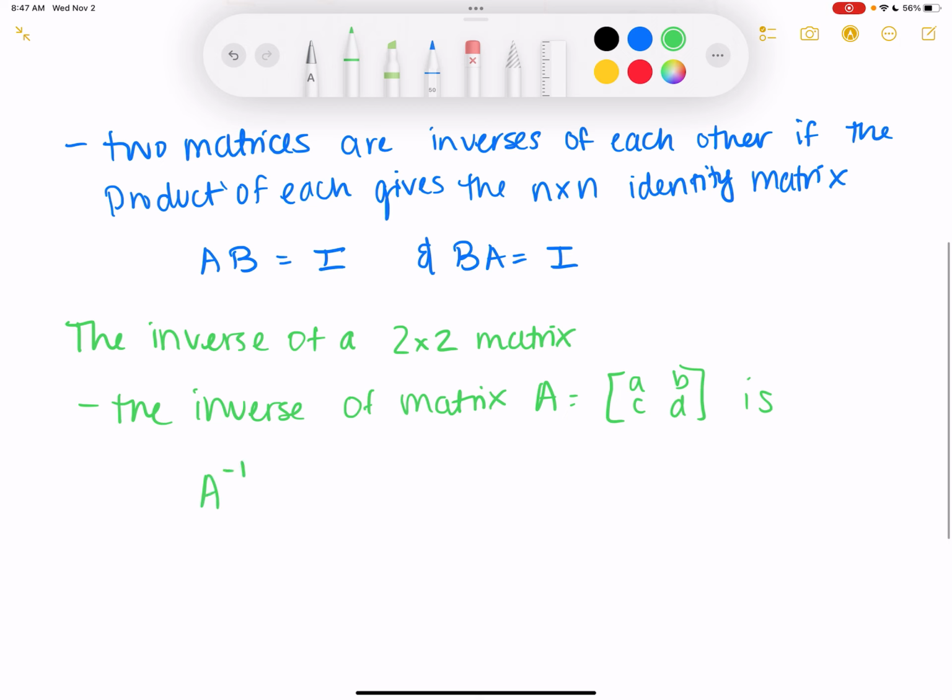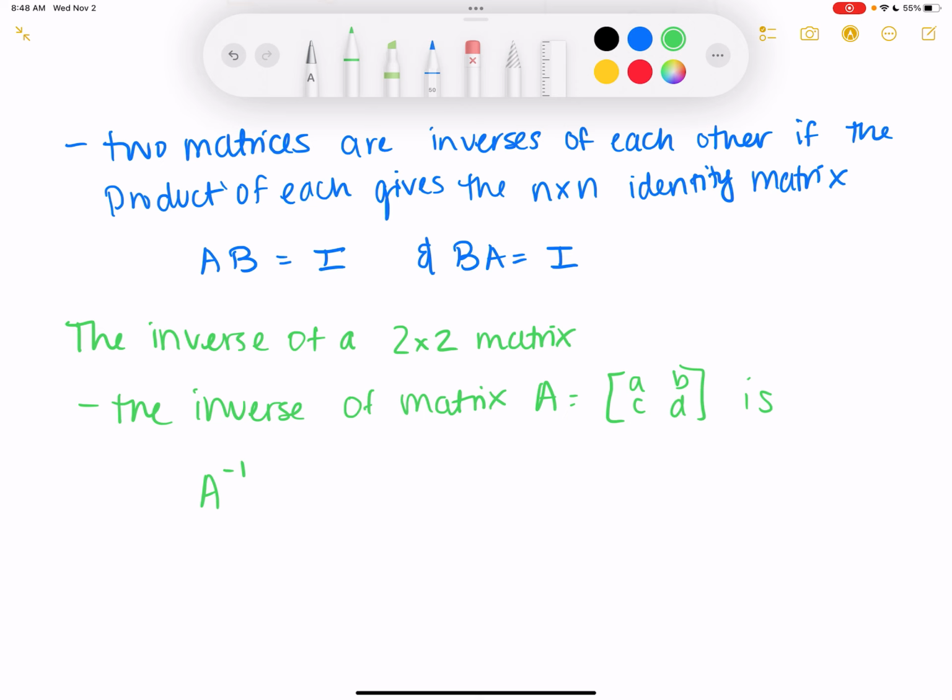There's actually a little negative 1 button on your calculator, and I think there's an inverse button on your calculator anyways. We'll look at that when we go to do the matrices. But that's how you would enter it into your calculator.